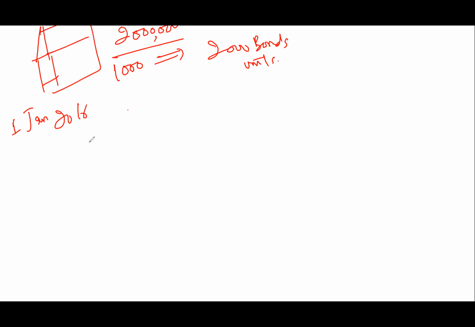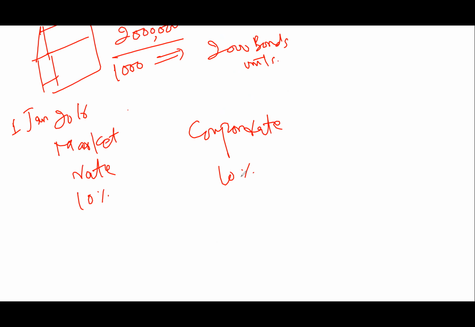So at which rate should the company issue the bond? Companies look at the market rate. The banks are providing at 10%. So I'm going to also provide a coupon at 10%. And this is for 5 years.